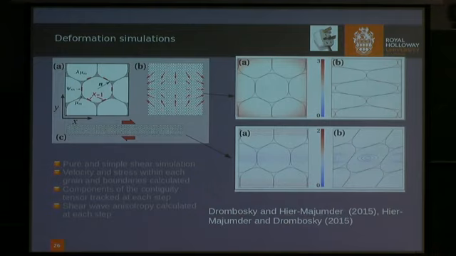Martha did these very nice experiments, and we are still citing all of her work 25 years later. She took a partially molten rock and compressed it, and then measured the orientation of the melt pockets. And what Martha found, basically, is that the aspect ratios of the melt pockets change because of grain boundary wetting.